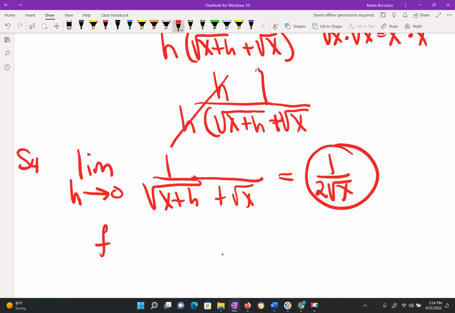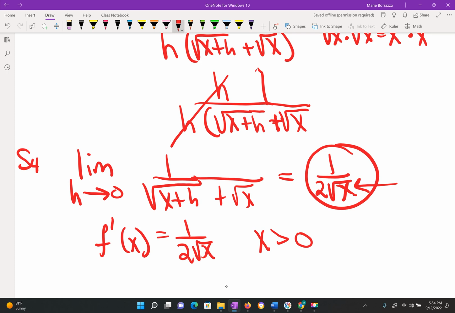Now remember that x has to, in this case, because it's a square root, especially because it's in the denominator, be greater than 0. So this is our first derivative equation, which is 1 over 2 square root of x. And yes, x has to be a number greater than 0.